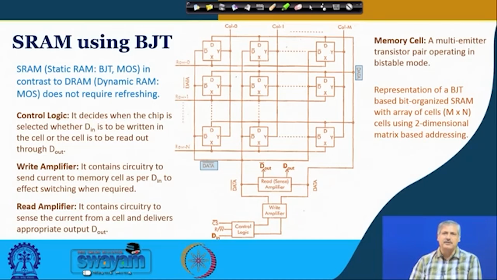There we shall see that in DRAM based memory organization, the information is stored in a capacitor which is essentially leaky, so it requires periodic refreshing. In static RAM, the one that we shall be discussing now, that is not there.